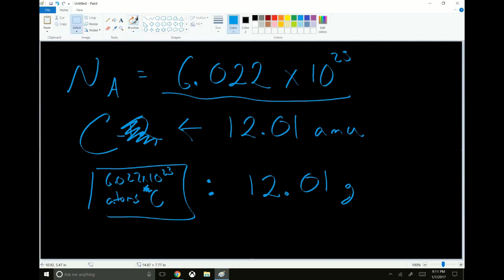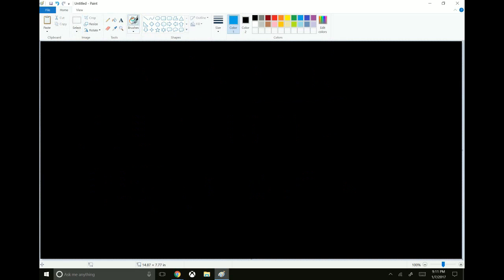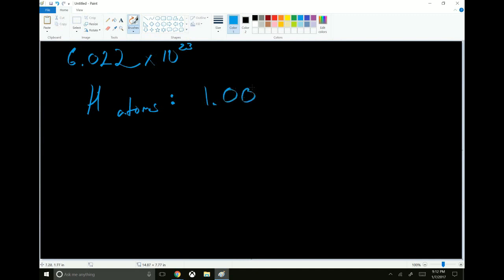Okay. Similarly, if you have an Avogadro's number, 6.022 times 10 to the 23rd hydrogen atoms, then those hydrogen atoms will have a mass of 1.008 grams, the same as the atomic mass of hydrogen on the periodic table. For oxygen, it would be 15.9998, I think it is.